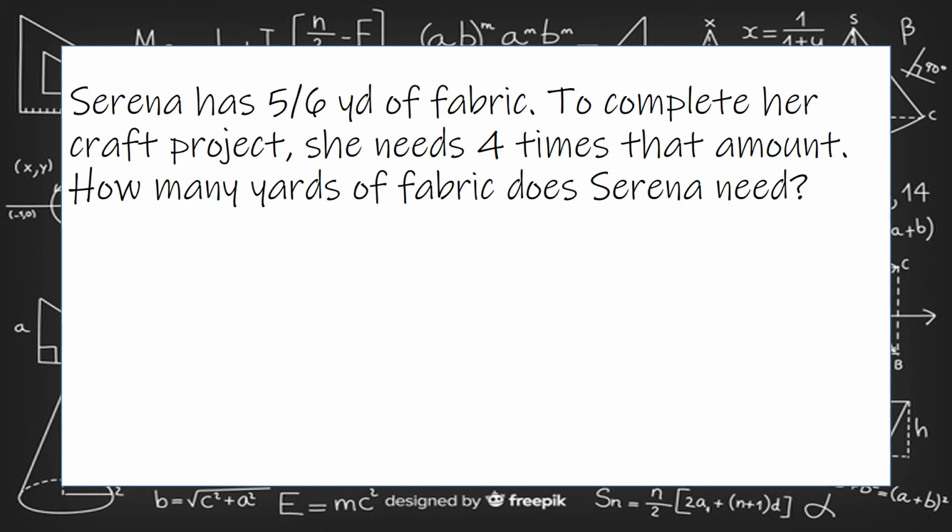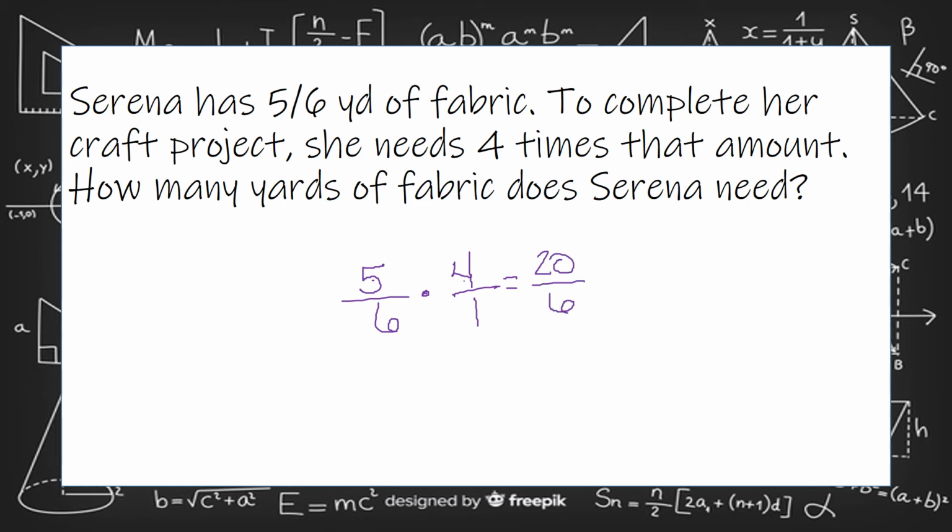Serena has 5/6 of a yard of fabric. To complete her craft project, she needs 4 times that amount. How many yards does she need? So I'm going to write 5/6, and we need 4 times that. 4 is a whole number, so I can put it over 1. Any whole number you can always put over 1 because 1 goes into 4 four times. So I'm going to multiply. 5 times 4 gives me 20. 6 times 1 is 6.